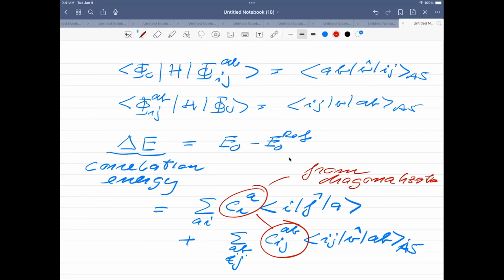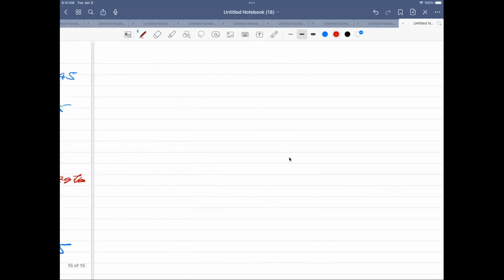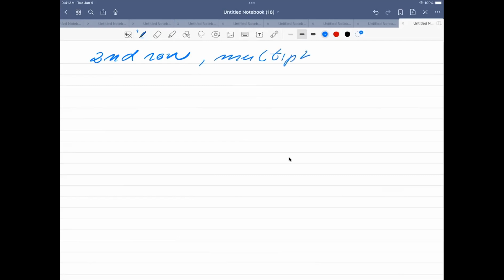So if we now move on a little bit and look at the second row, we perform the same type of exercise as we did before. And as I promised you, this is a very inefficient way of looking at things. The second row will contain the following, because we are multiplying with a given state, one possible particle-hole excitation.